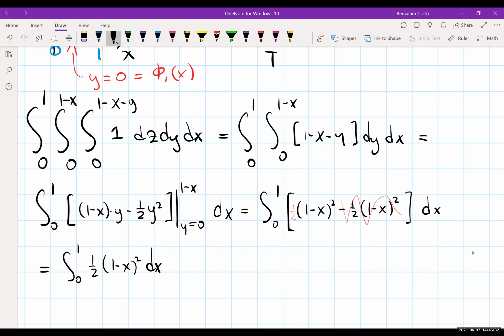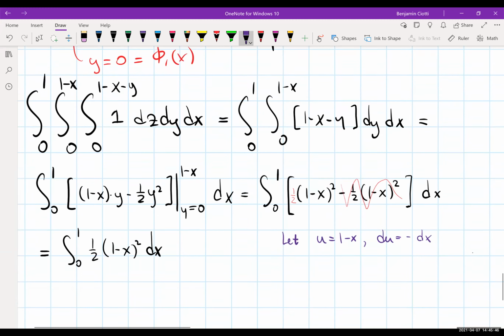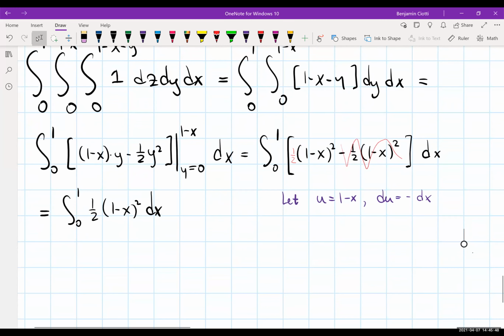You can save yourself a little bit of trouble if you do a u sub at this point. So how about if I just let u equal 1 minus x, du is negative dx, and so this turns into 1/2 the integral of u squared times negative du, so that'll be negative 1/6 u to the third.